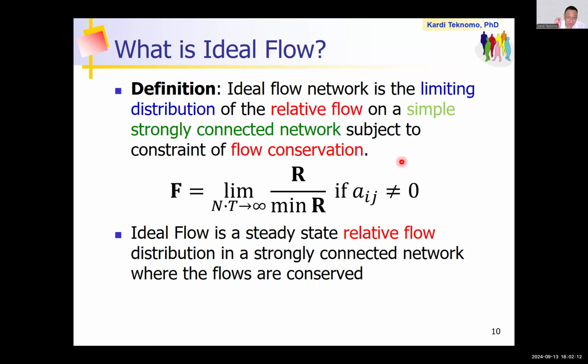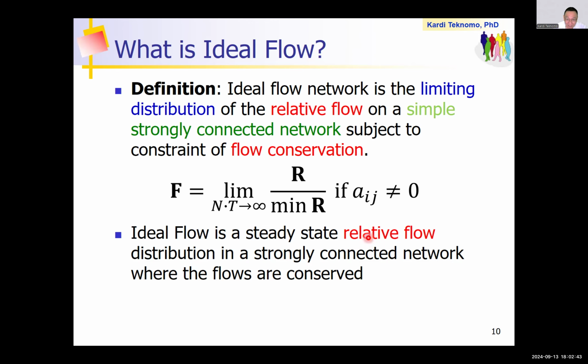In simple terms, ideal flow is just relative flow in the transport network, a strongly connected network, where the flow is conserved. In two words, the ideal flow is an irreducible pre-matching. As simple as that.